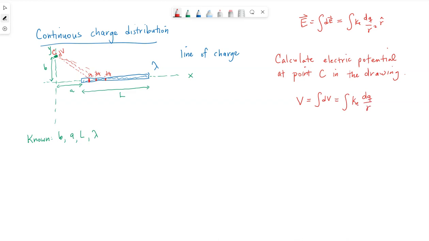So we take the equation we have for V of a point charge that we just used.